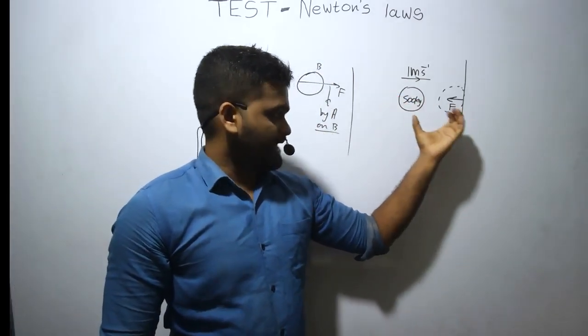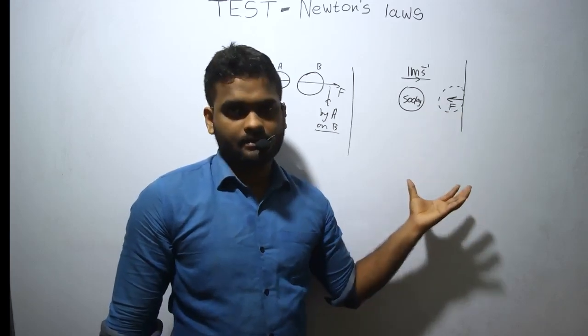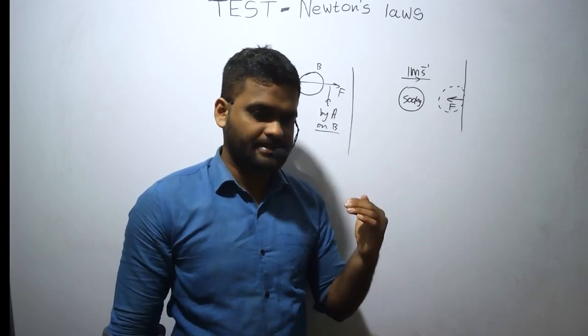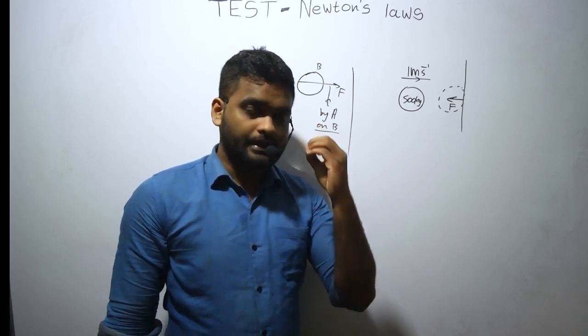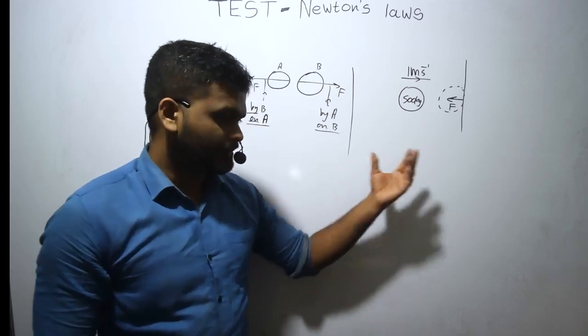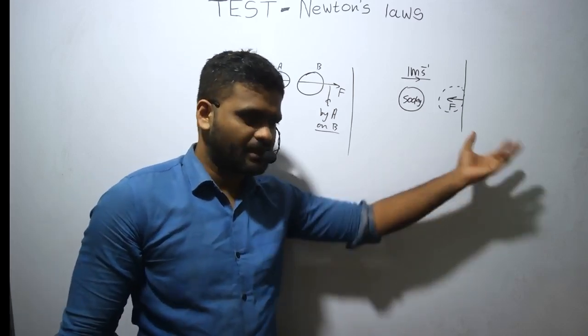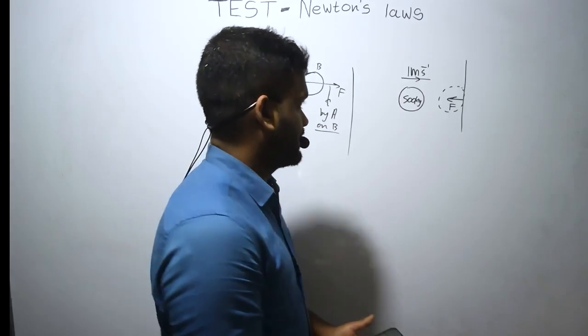You can just apply the equations, and if you know the equation, you can simply get the answer, right? But I need to emphasize here, you have to be careful about the directions as well. That is the point. To get the answer, you don't need to think that much, but this will be useful.